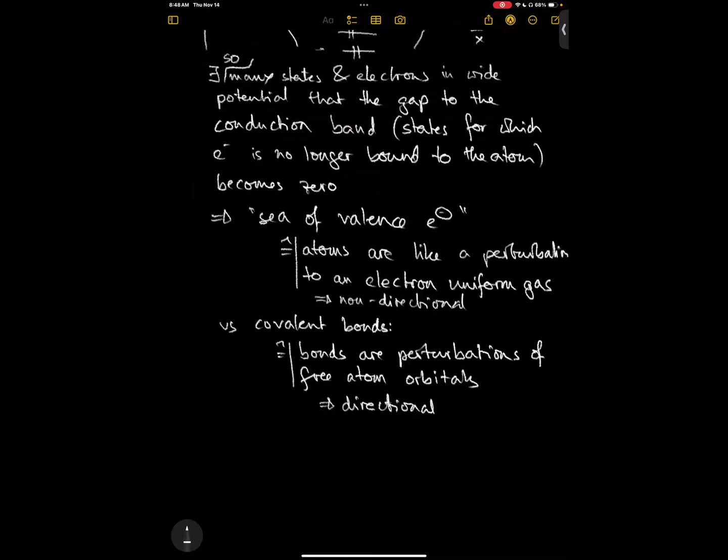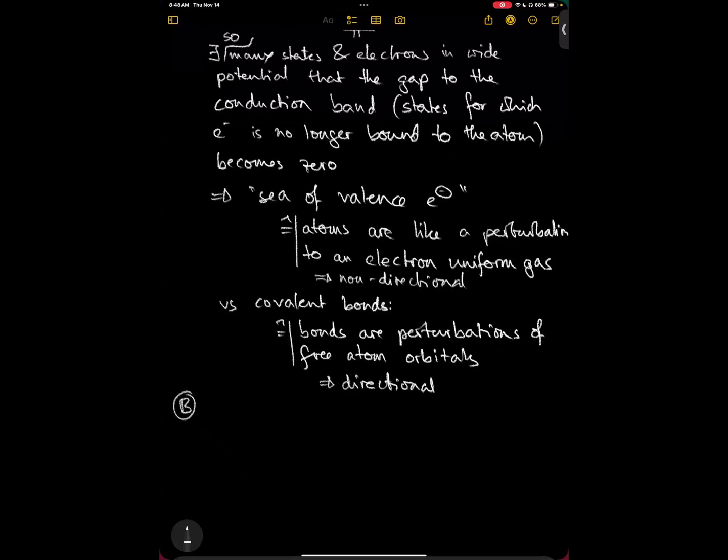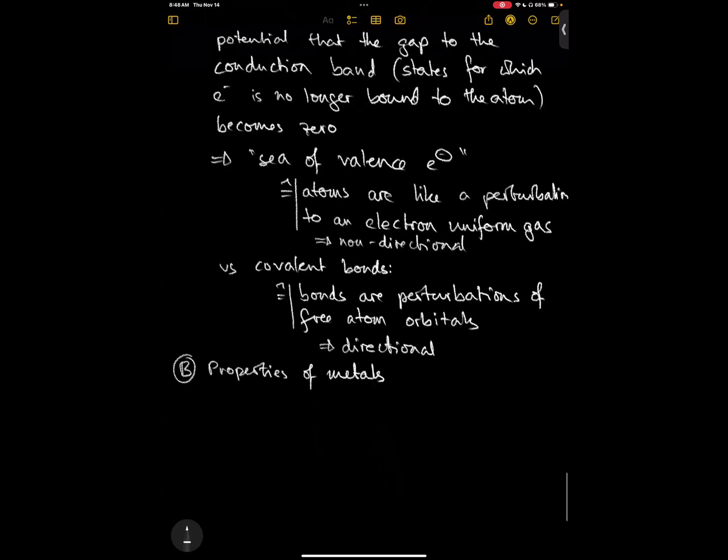And if we now, in this subsection B, discuss the properties of metals, then we can see that metals are not brittle, right? But rather ductile.